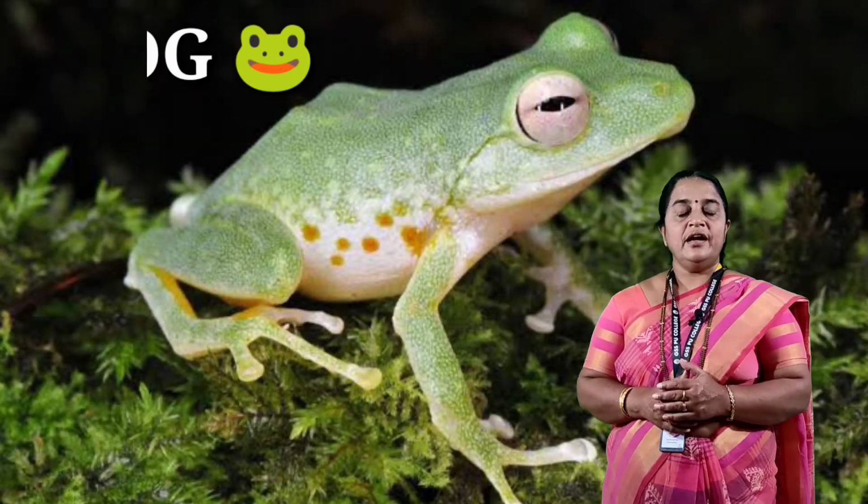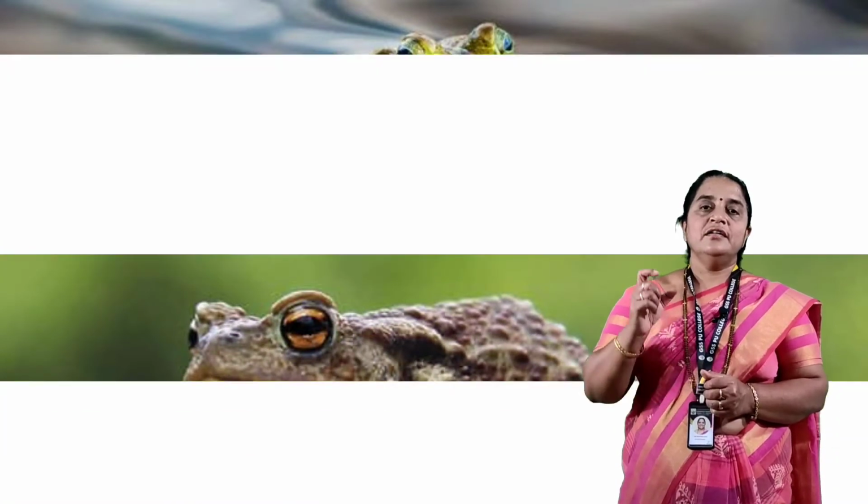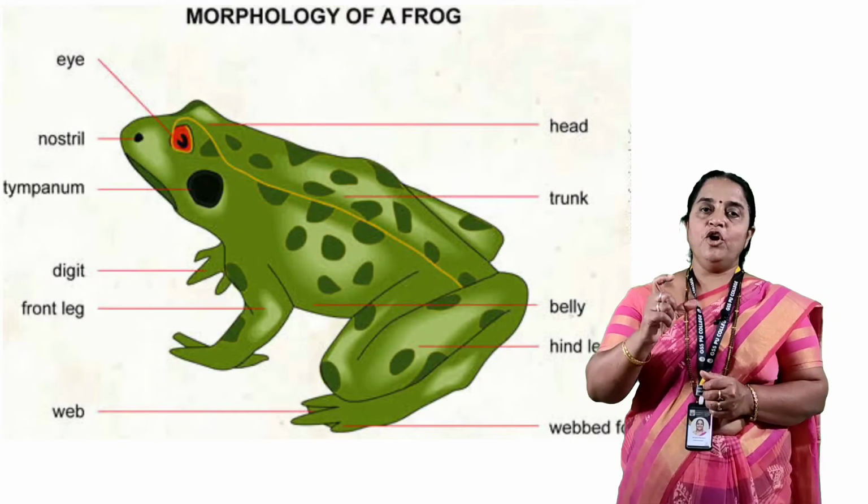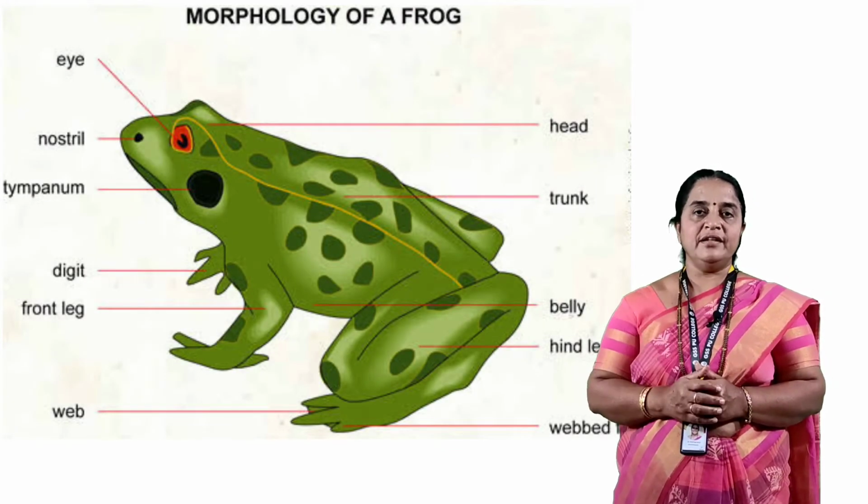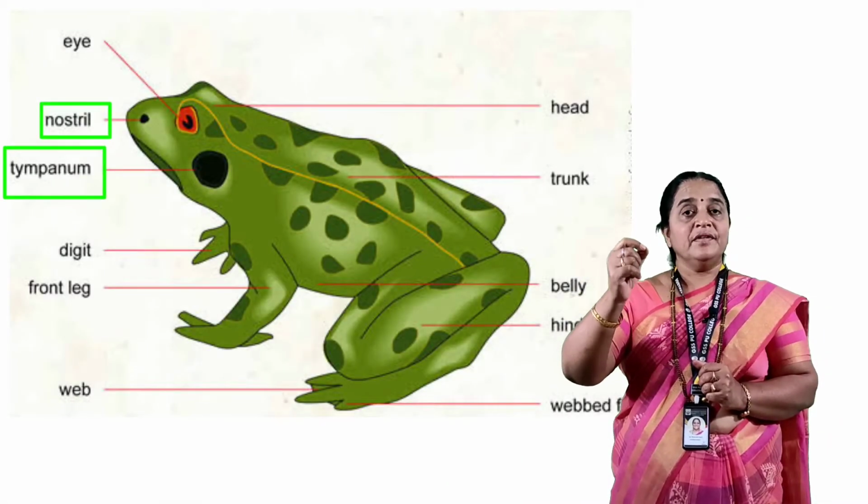Frog is an amphibian, adapted for both aquatic and terrestrial life. Under morphology, you already learned that it has head and abdomen. It is a tailless amphibian, having a moist skin. In the head region, there is a wide mouth, two jaws, protrusible tongue, nostrils, tympanum, eyes which are protruded and protected by immovable eyelids.